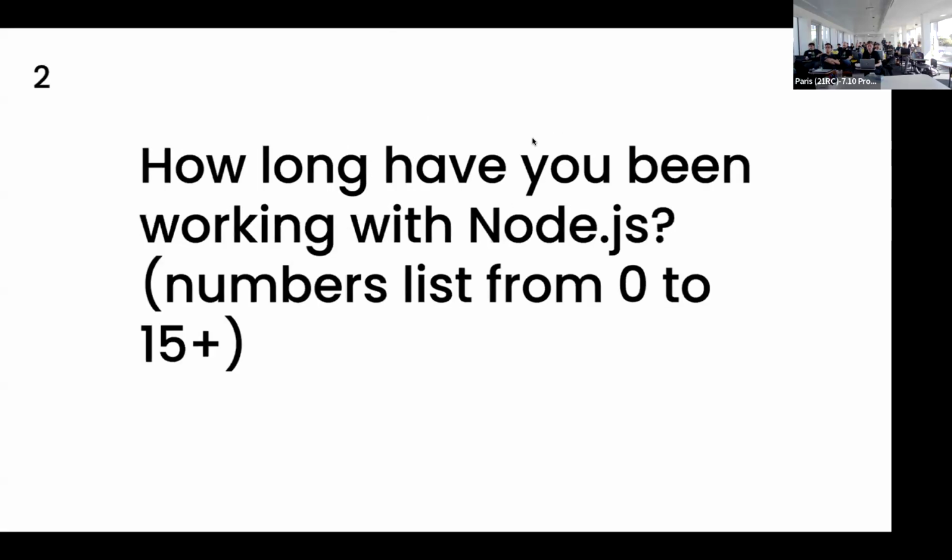Second question is, how long have you been working with Node.js? Number list from 0 to 15 plus. Well, 15 plus is particular. This is probably a big calculation. Not possible, unless you're Randall.